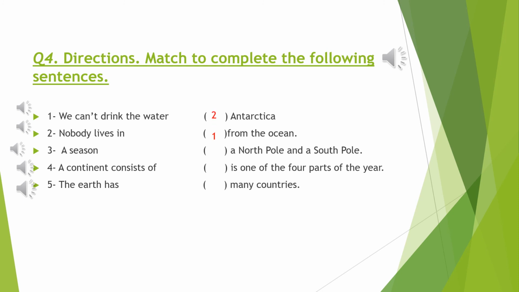Number 3, a season is one of the 4 parts of the year. Excellent. Number 4, a continent consists of, yes, many countries. Number 5, the Earth has, yes, North Pole and South Pole.